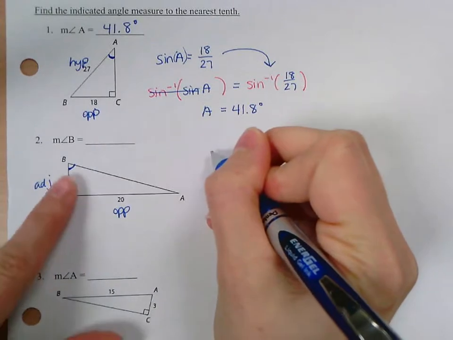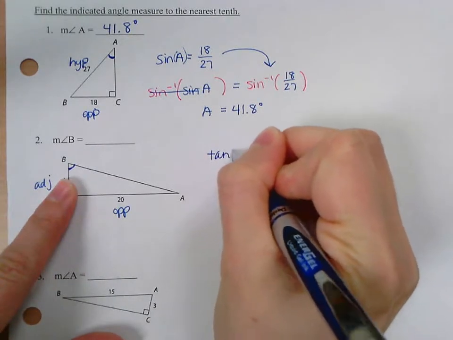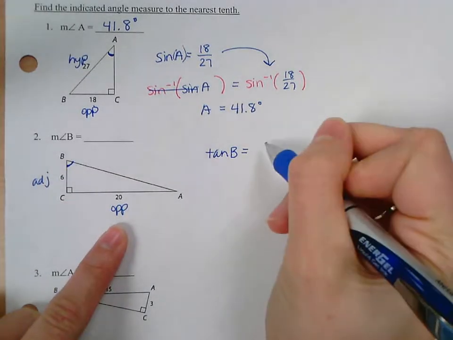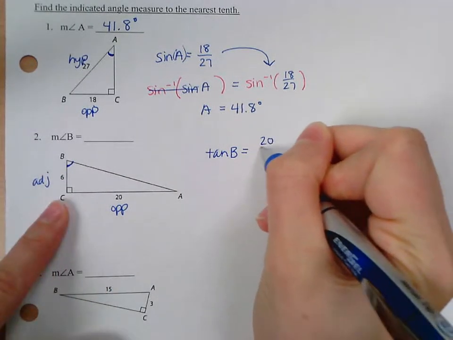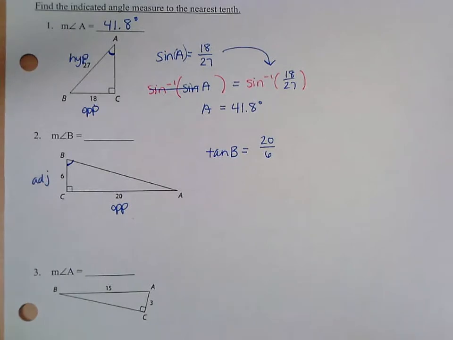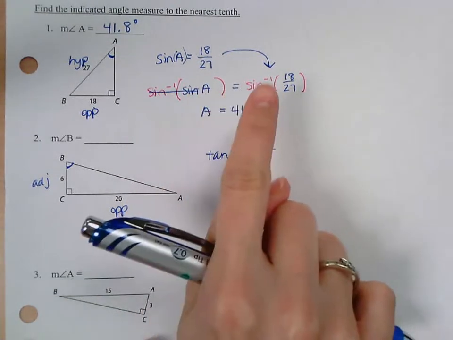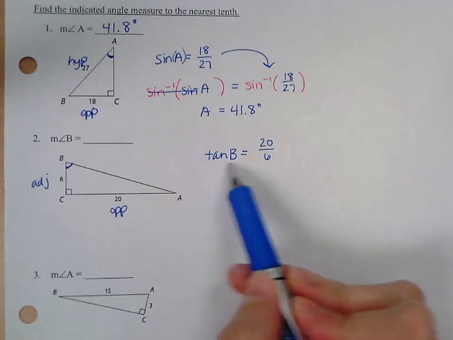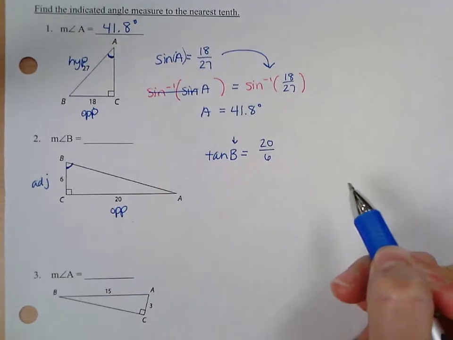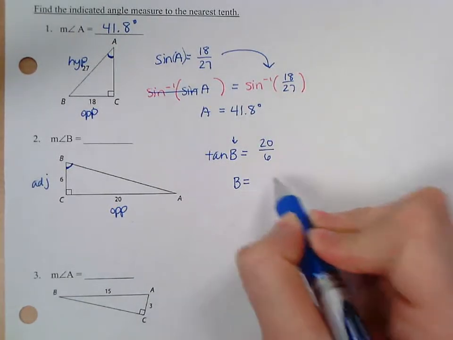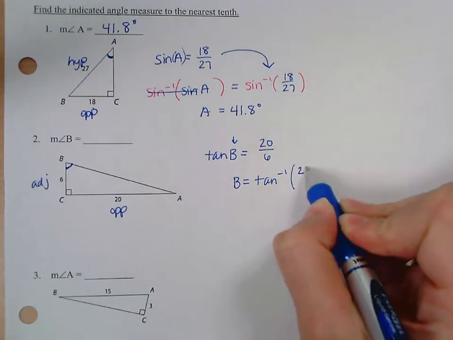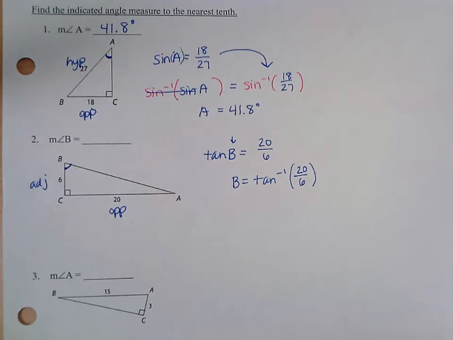So I would set it up this way. Tangent of angle B is equal to, the opposite is 20 over the adjacent is 6. Okay, I'm not going to show this middle step for this one, so I'm going to show you what I would like to see on yours. So therefore, if I want to find B, I then have to take the inverse tangent of 20 divided by 6.